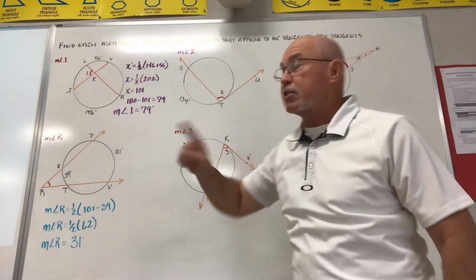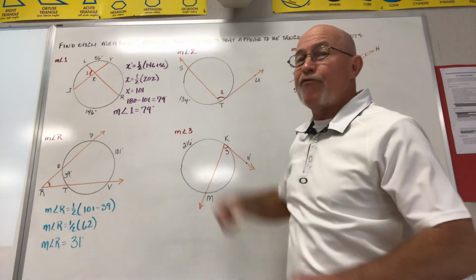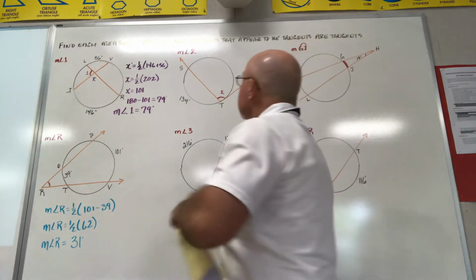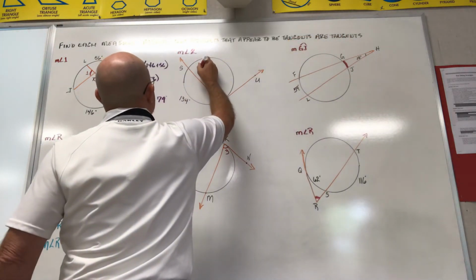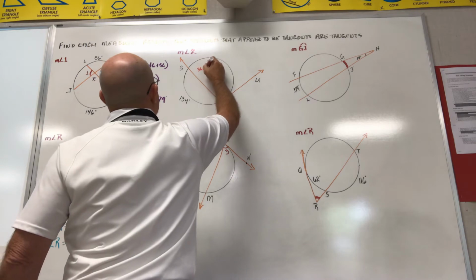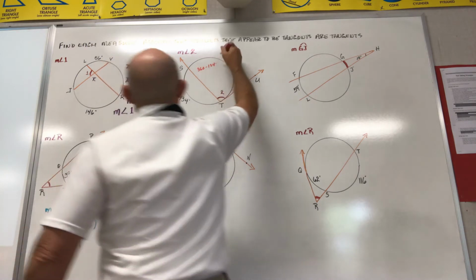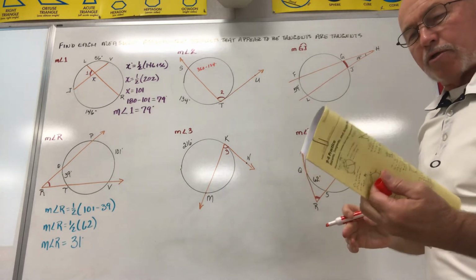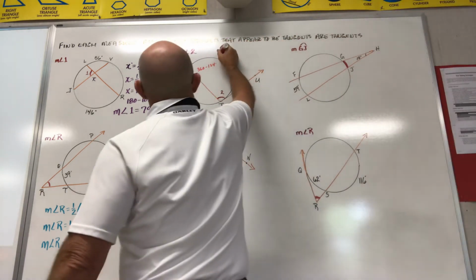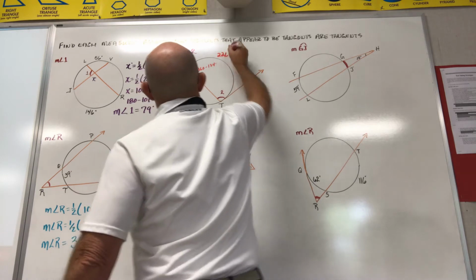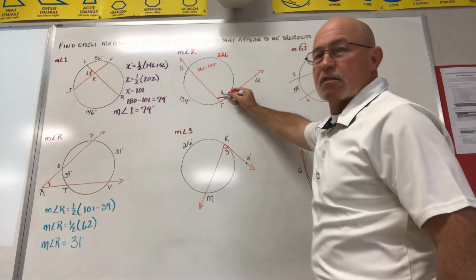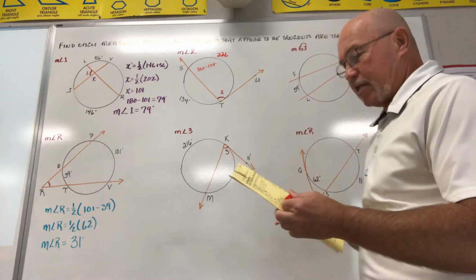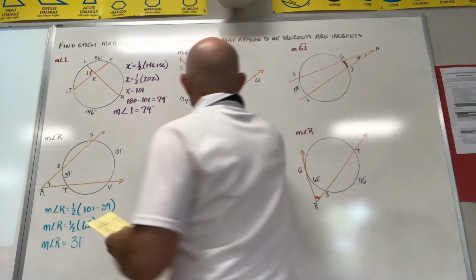So, I'm going to start by subtracting 134 from 360. And that's going to give me this arc up here. So that's 226. Now, this angle is half of that. That's just like an inscribed angle right there.